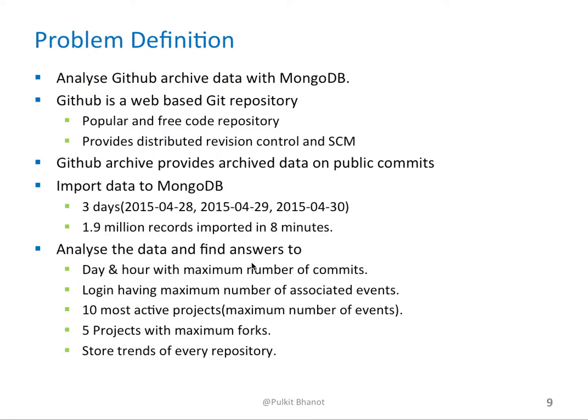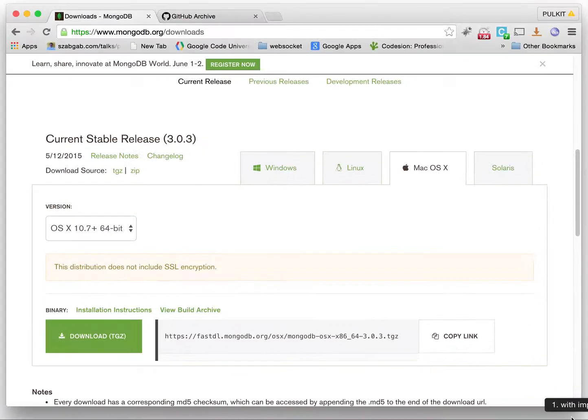I will be using MongoDB to analyze data available from GitHub archive. GitHub is a free web-based Git repository which is used for distributed source code management. GitHub archive allows access to archived event data from GitHub public repositories. So let us look at GitHub archive once.